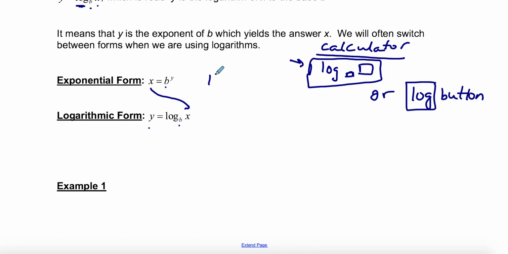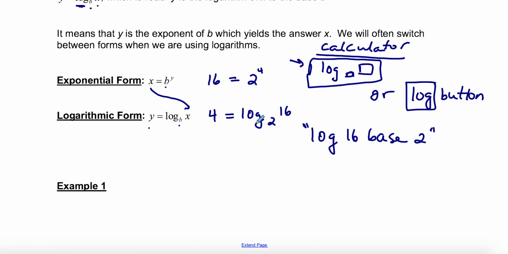So for example, we could have something like 16 as our answer. 16 is 2 to the fourth. 2 times 2 times 2 times 2 is 16. If we're going to write that in, so this is exponential form. In logarithmic form, our exponent is the answer. So that's what we would have been looking for, is the exponent. And then we would have log of 16 as the answer from up above, but the base was a 2.